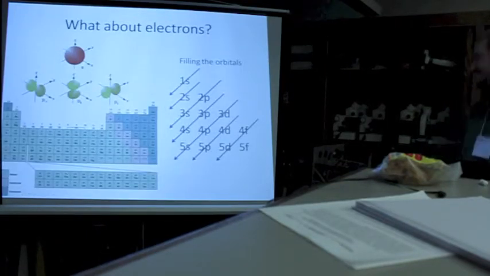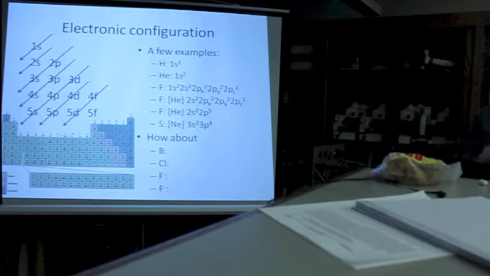So, the way these things fill is in a certain way. We're not going to talk about this so much. So the way these electrons fill in is they fill these orbitals in certain ways. And so for hydrogen, we have 1 electron. So in that 1s orbital, in the first orbital, there's going to be 1 electron.